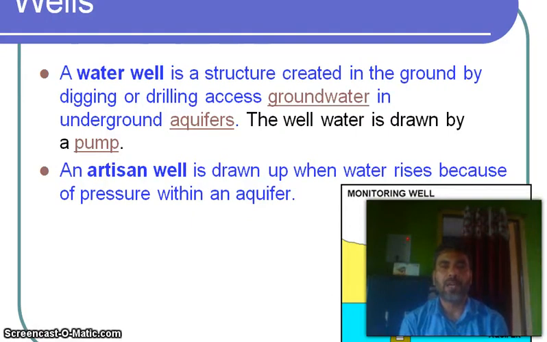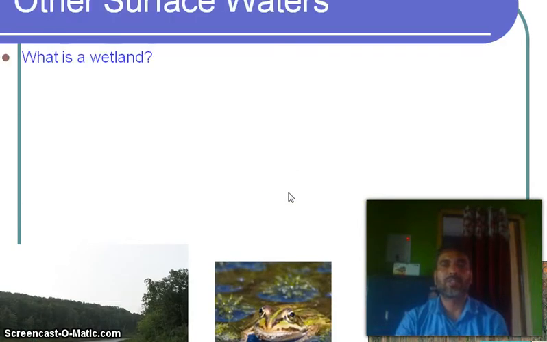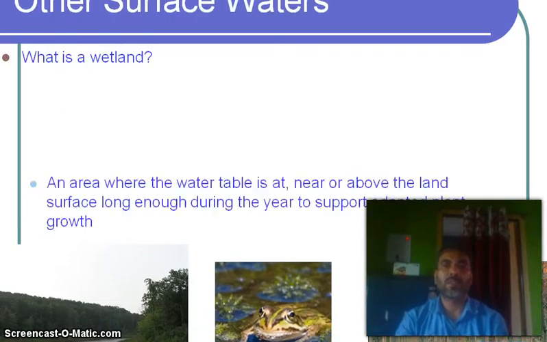An artesian well is one where water rises because of pressure within an aquifer. This is a pictorial diagram.